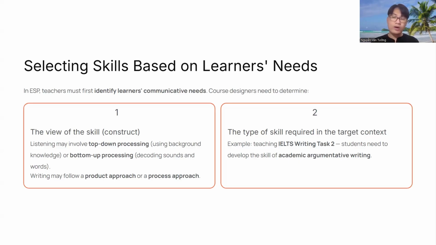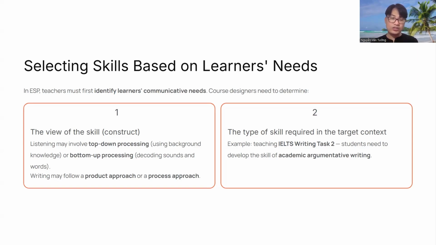Let's say I want to teach listening comprehension. But what do I mean by listening? Right? There are so many ways to teach listening. The most popular way is actually called top-down processing. Top-down processing means that the learners need to understand the small details and then combine them all together to understand the main ideas.